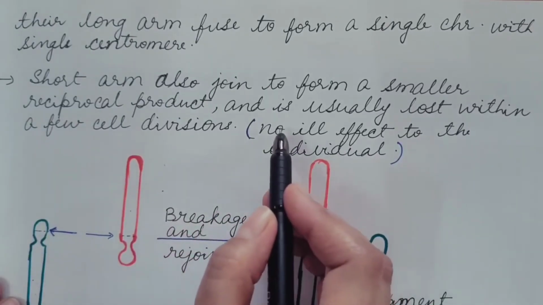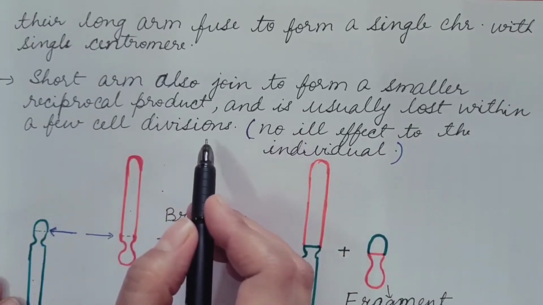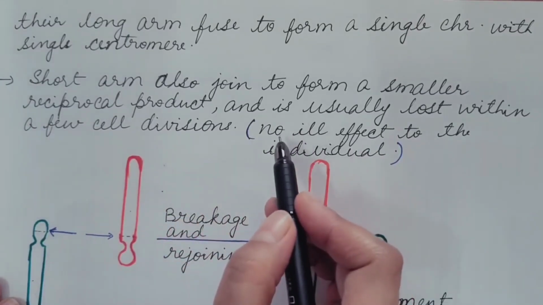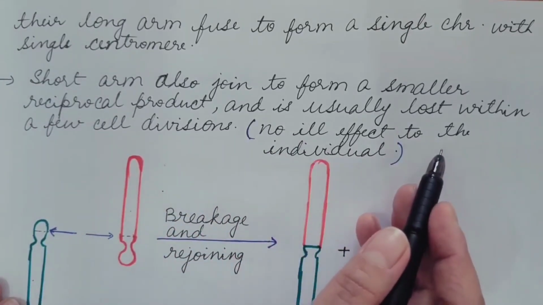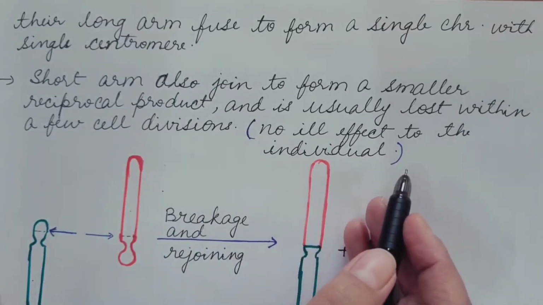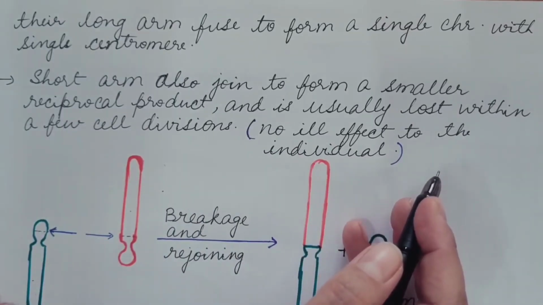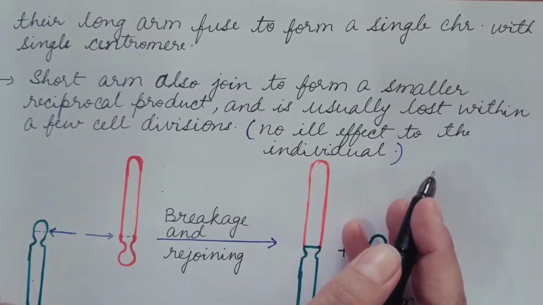But this loss of the smaller reciprocal product does not have any ill effect on the individual, because these short arms consist of non-essential genes which are also present elsewhere in the genome.